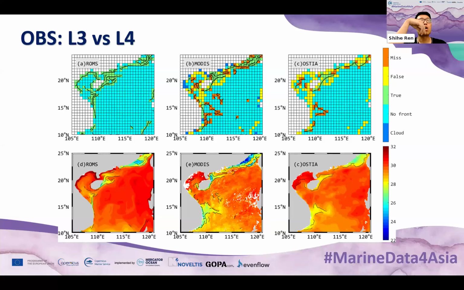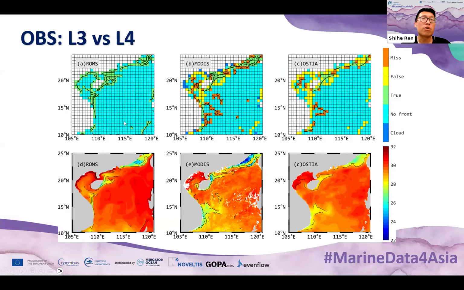So in our work, we also compare the L3 SST product versus the L4 product. For example, we use the MODIS L3 data, like in the central figure. As we can see, the green square means our forecast is successful.